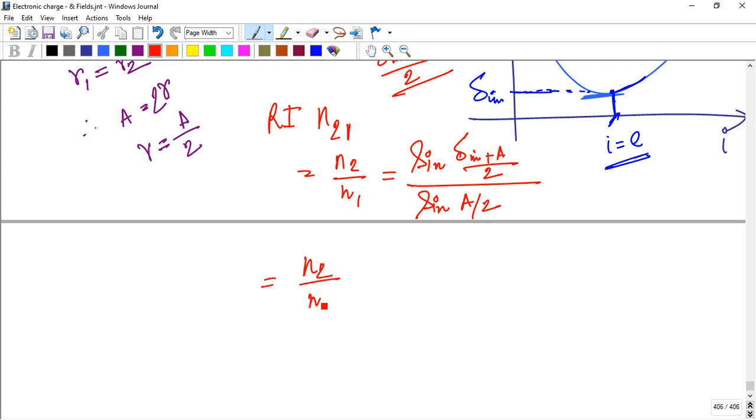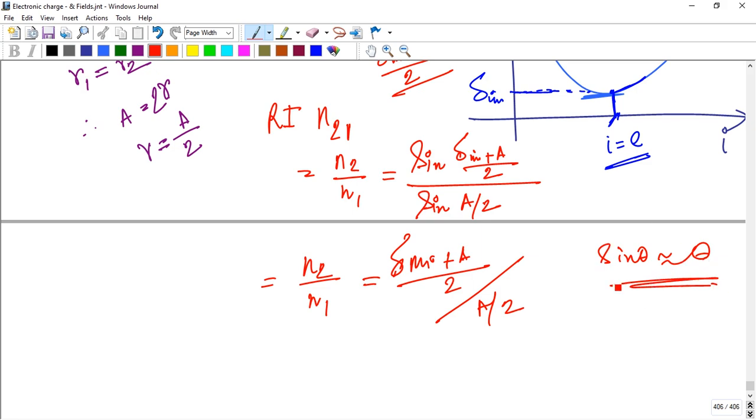Now you get N2 by N1 equal to sin of (delta minimum plus A by 2) by sin of A by 2. With the small angle approximation, sin theta is theta, so the by 2 cancels.